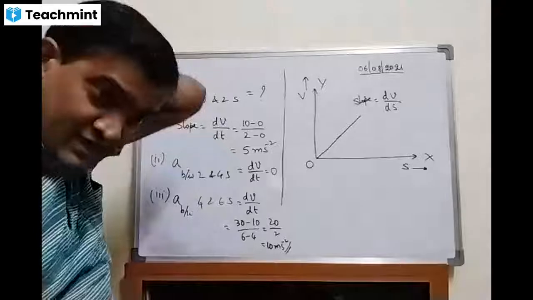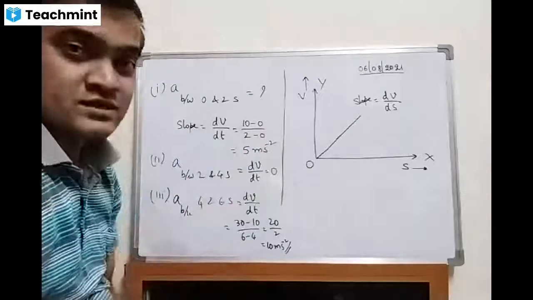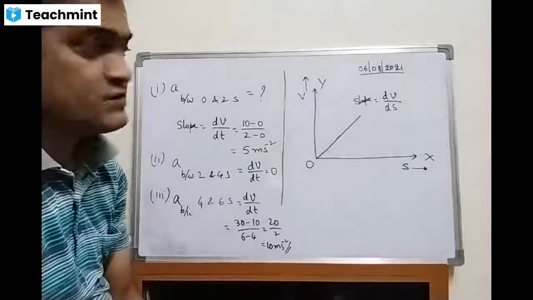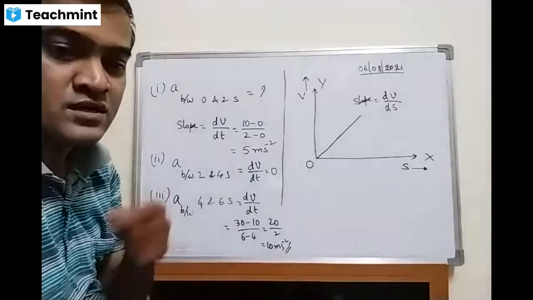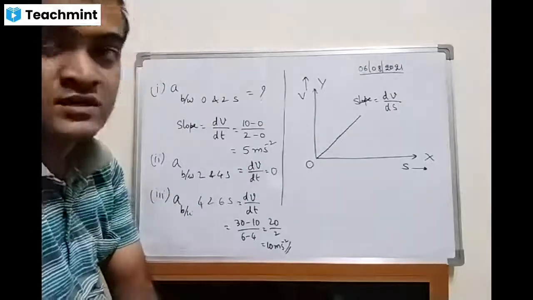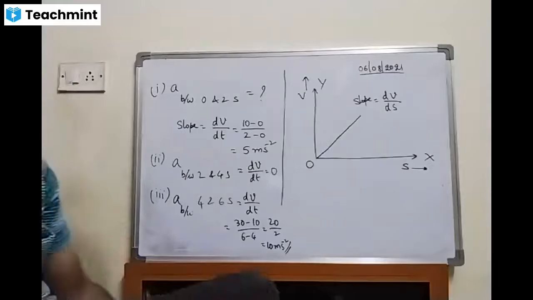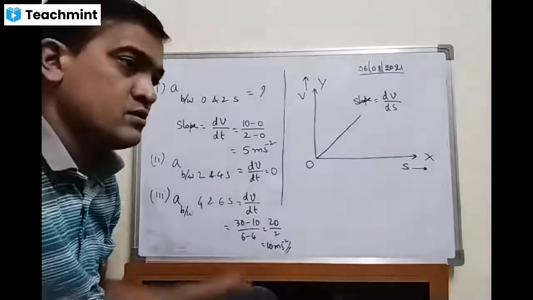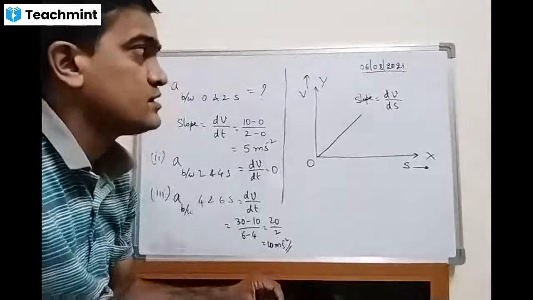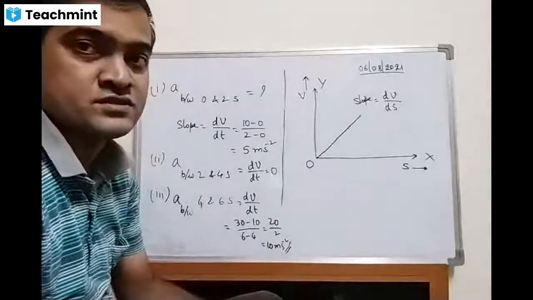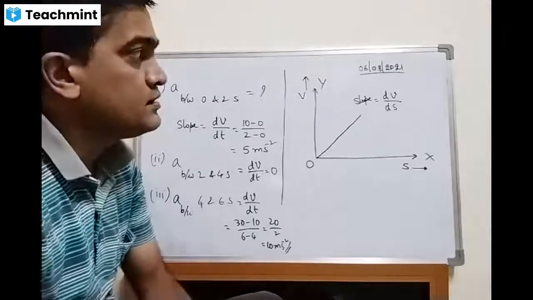So let us see, this is somewhat tricky. Now what I want is acceleration. So what happens to the slope of the curve if acceleration is constant?